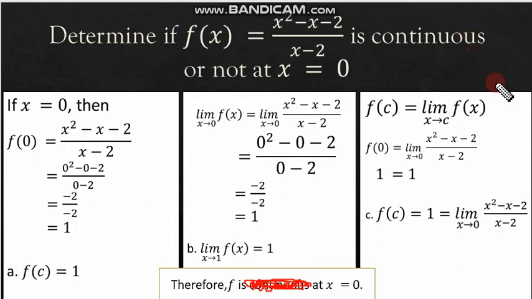Another example, determine if f of x, or the function, is continuous or not at x equal to 0. Our function here is x squared minus x minus 2 all over x minus 2.